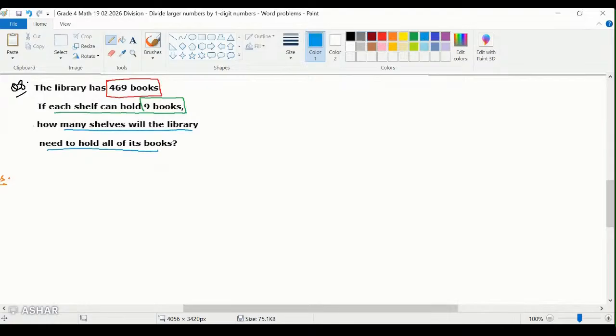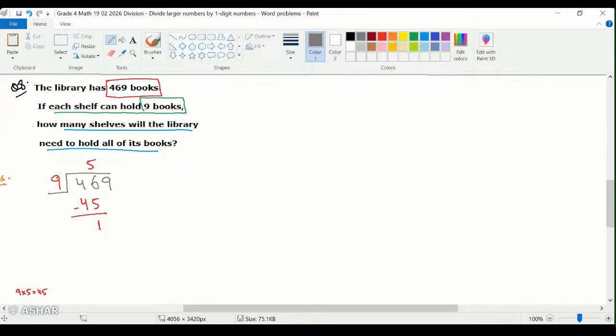So can we say that 469 was divided by 9? 4 cannot be divided by 9, right? But 46 can be divided by 9. So can we say 9 times 5 is 45? That is the closest number, right? So we can say 9 times 5 is 45, and we are left with 1, right?